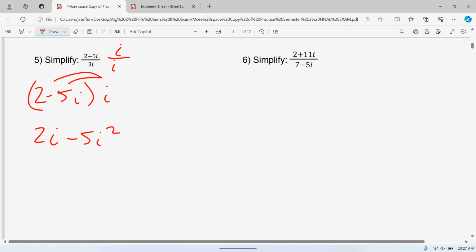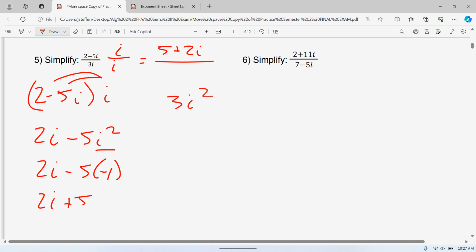Just like before, the i squared is negative 1. 2i plus 5, or 5 plus 2i. So my numerator is 5 plus 2i. Then the denominator is 3 times i squared. i squared is negative 3. Technically, if you have a negative in the denominator, it's probably not a bad idea to put that negative up front, but I'm going to leave it like that, and the same thing on your test.